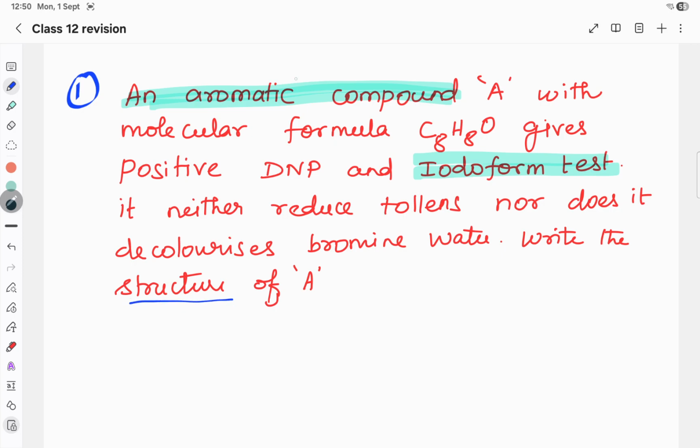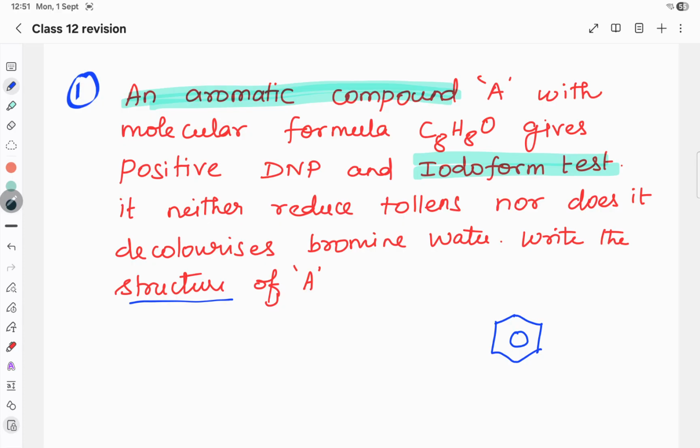The first clue here is that it is an aromatic compound, meaning it has a benzene ring. The second clue is that it gives iodoform but does not reduce Tollens' reagent. So it is not an aldehyde, it is going to be a ketone.